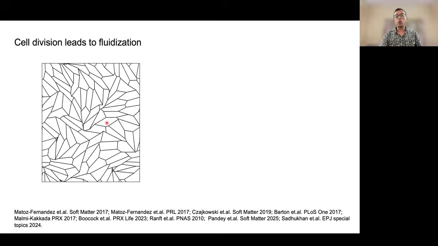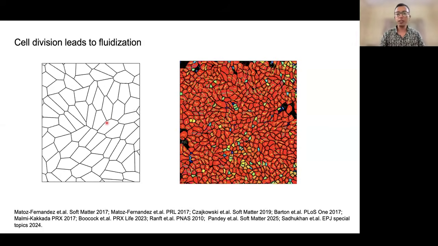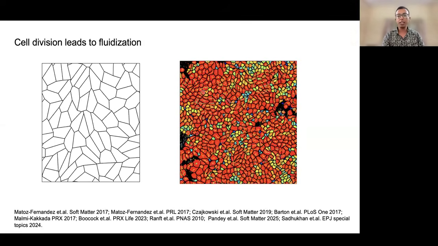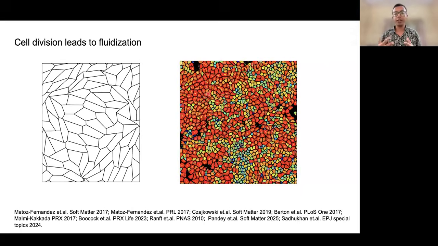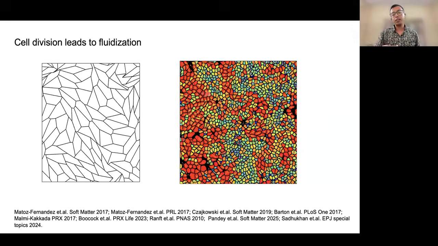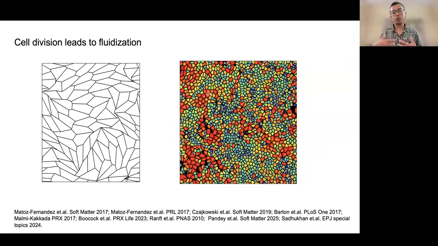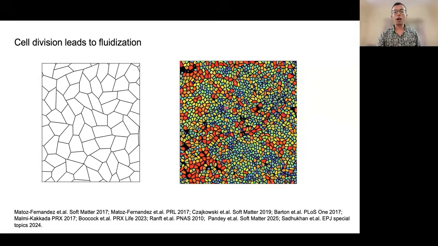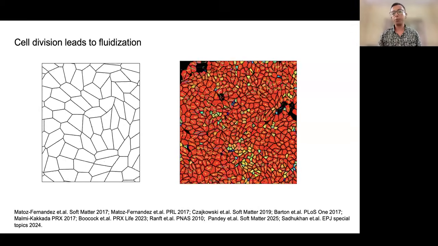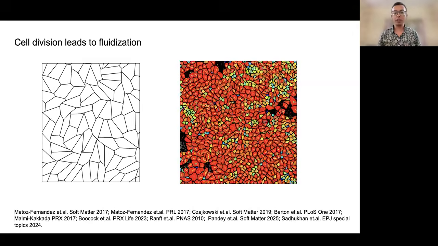But the interesting thing to contrast is this experiment by Sindhu, in which you can see that initially the cells are big and very fluid-like, but as the tissue matures through proliferation, it starts behaving very much solid-like. The motion completely gets arrested.